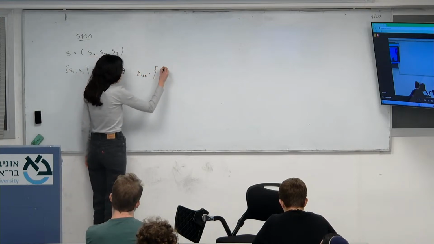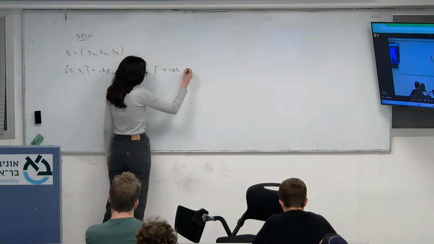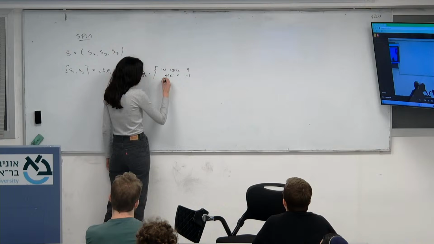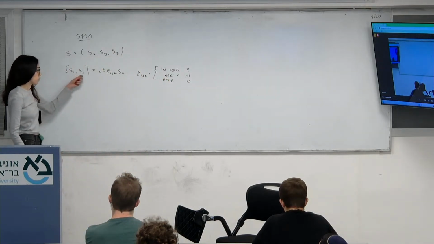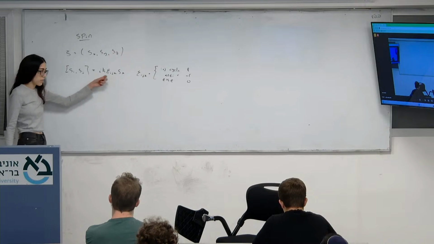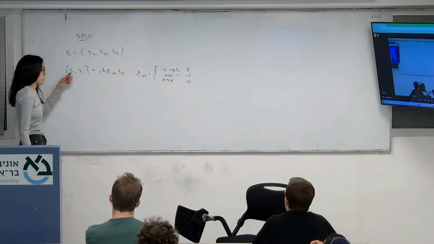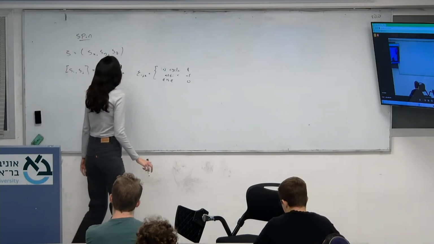If i, j, k are cyclic, it is equal to 1, minus 1 if they are anticyclic, and 0 elsewhere. So x, y, z will give you 1. If you go the other way around, it gives you minus 1, and if you have x and x or y and y, it's going to give you 0.